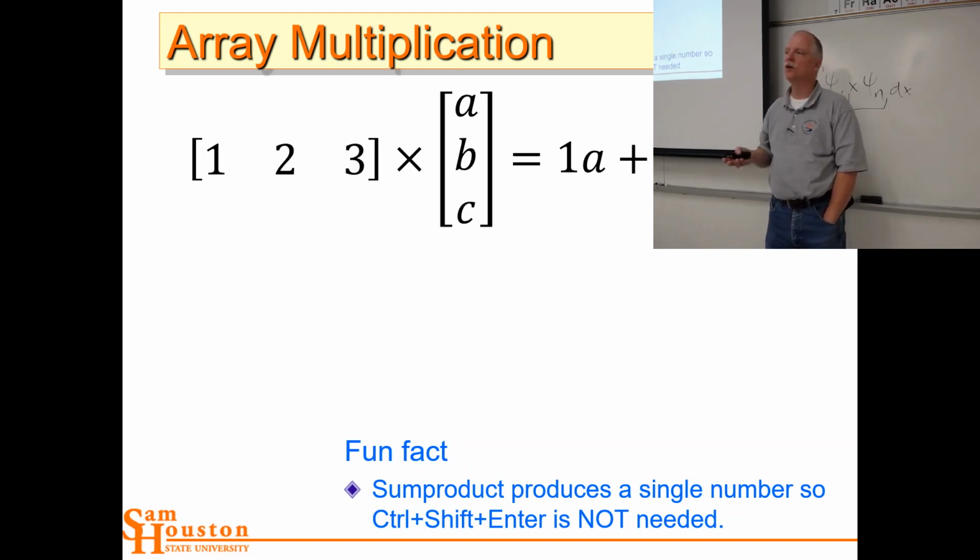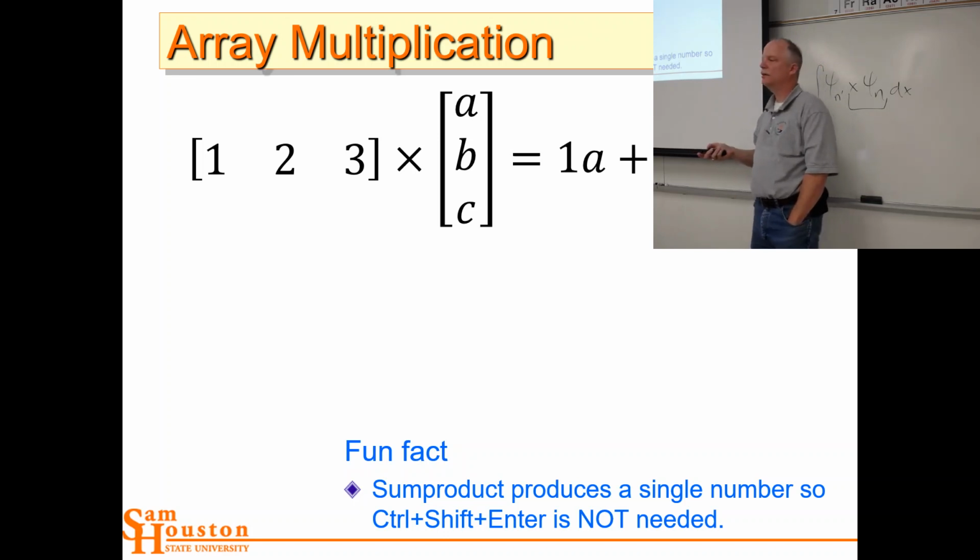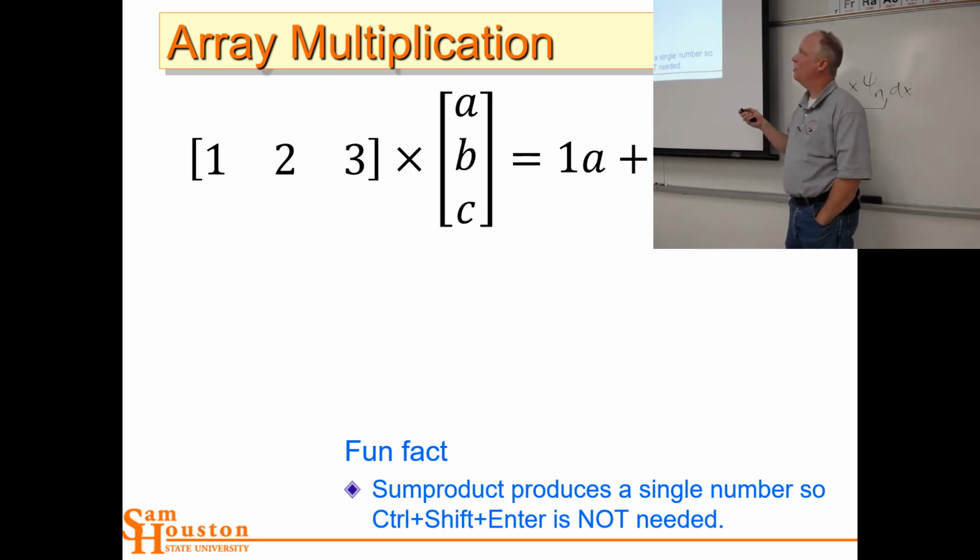That's the way things work in matrix mathematics. So we have this row with numbers 1, 2, 3 in it, and this column with A, B, C. I'm only doing letters and numbers so that you don't have to do any math in your head. You can visually see what's being multiplied by what. So I have 1 multiplied by A, and 2 multiplied by B, and 3 multiplied by C.